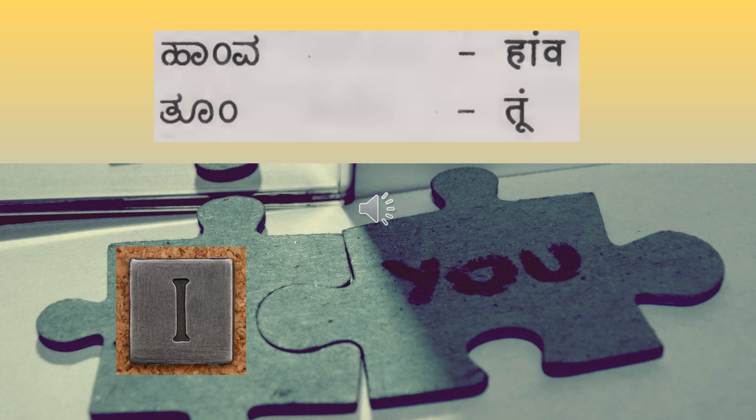Tu ambo kha, you eat the mango. Or tu hanga yo, you come here. Tu, again nasalization. So we pronounce hau and tu, I and you both in singular form.